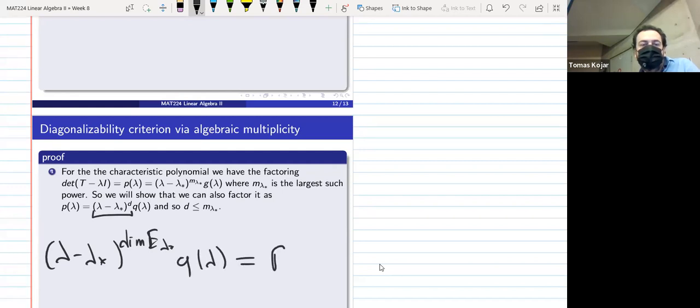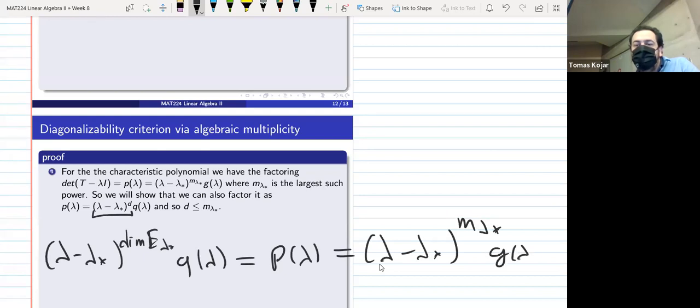We're going to show that this is equal to the characteristic polynomial, which we already know is equal to this. From here, you might ask, why is this the largest? You can do Euclidean division. The point is this M lambda star is picked to be the largest, so you require that the dimension of E lambda star is less or equal than M lambda star.